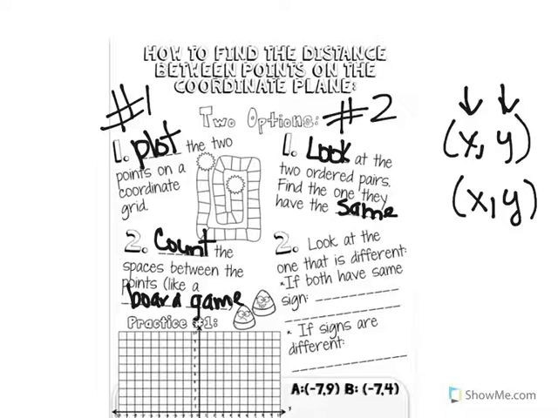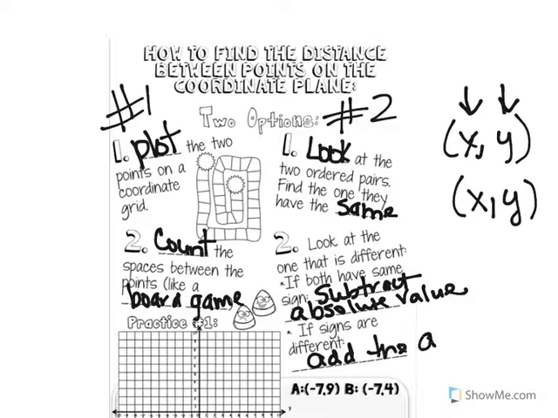If both have the same sign, we're going to subtract the absolute value. If the signs are different, we're going to add the absolute value. Okay, and I'll show you examples for both.